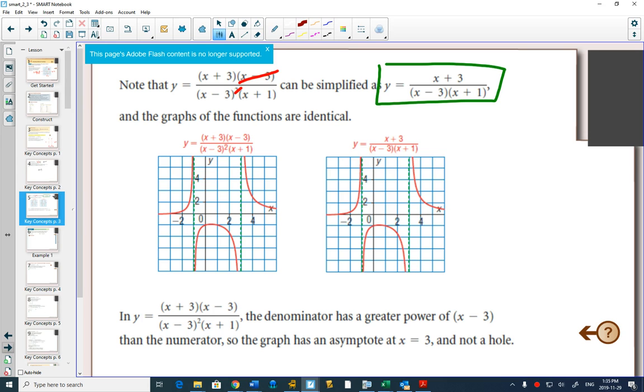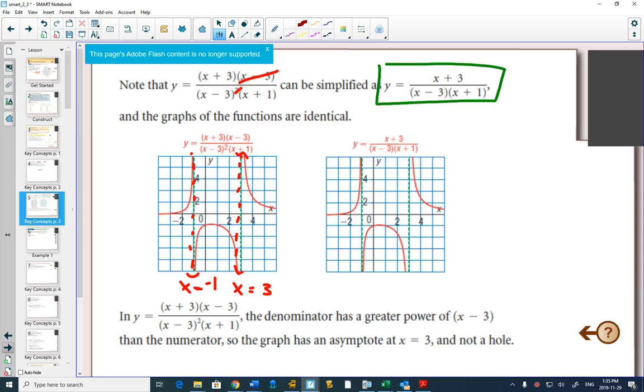Well, when I'm looking at that, it has non-permissible values at 3 and -1 that don't cancel out. So in my green squared graph, because they don't cancel out, I have an asymptote at x equals 3 and an asymptote at x equals -1.